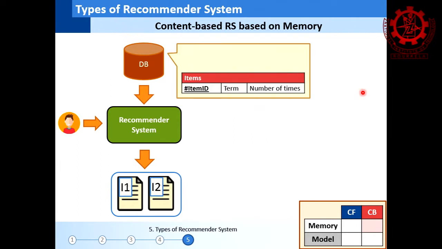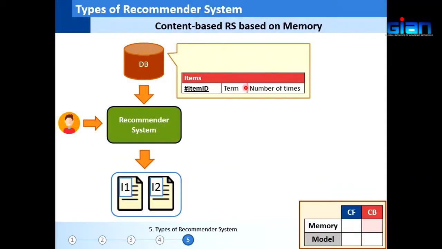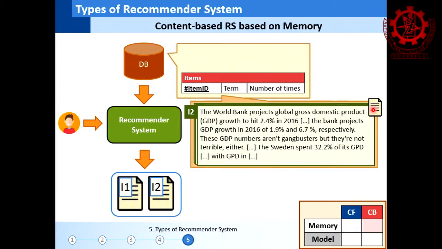So now, instead of considering all the text of the news, we are going to consider a table related to items, which is content-based information, in which we store the number of times each term has appeared in each item. These represent the items.